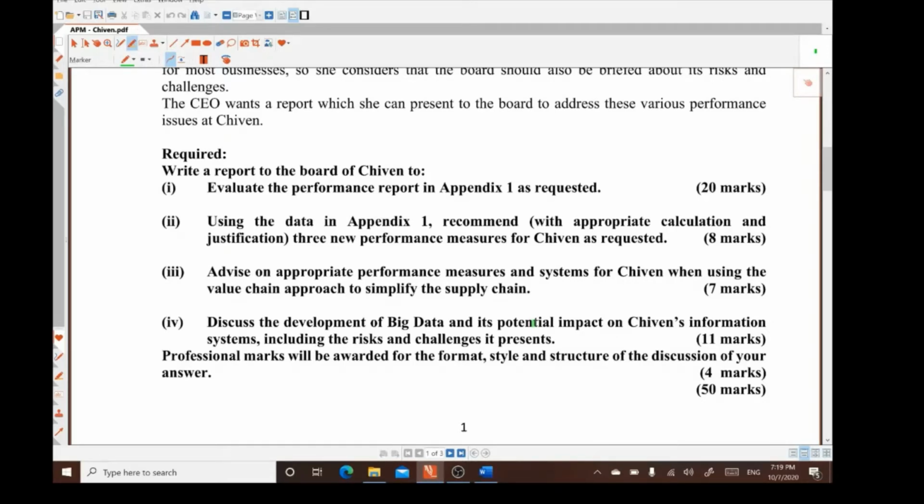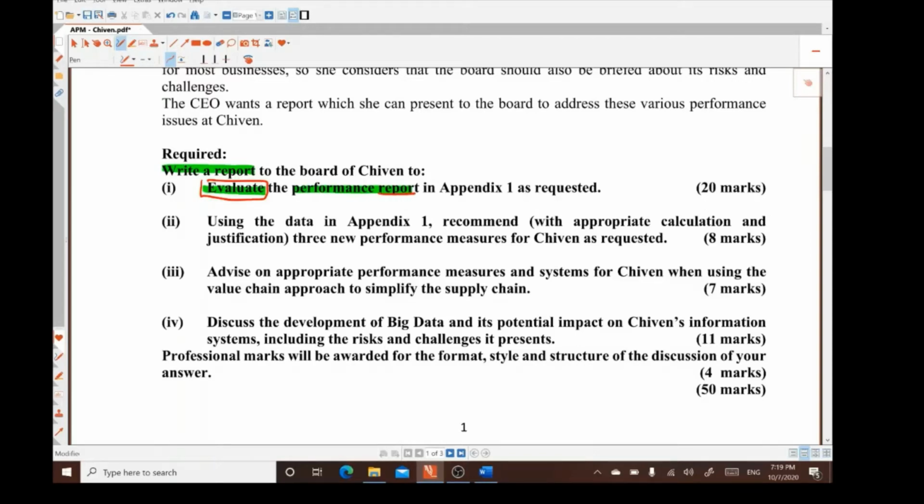Now, number one. You're required to write a report to the board of Shivan in order to evaluate the performance report in Appendix 1 as requested. That's a class. Now, it's one of the very important keywords here when we are looking at to evaluate the report.